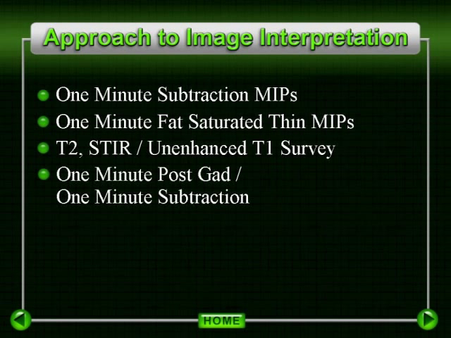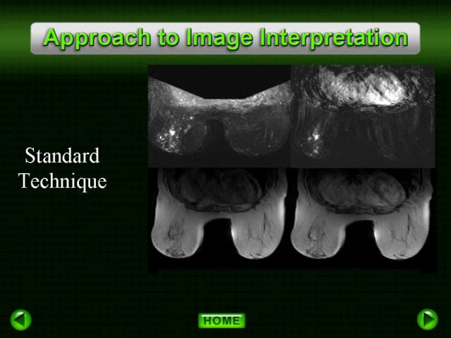Once we have completed our unenhanced overview of the breast bilaterally, we then proceed to evaluating the raw data from the dynamic acquisition. We will evaluate the 1-minute post-gadolinium image as well as the 1-minute subtraction individual slice data. Here, we demonstrate this phase of our image interpretation utilizing the standard 2D gradient non-fat saturated imaging protocol.